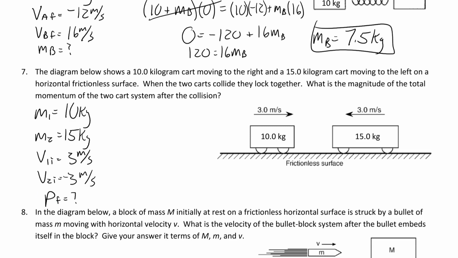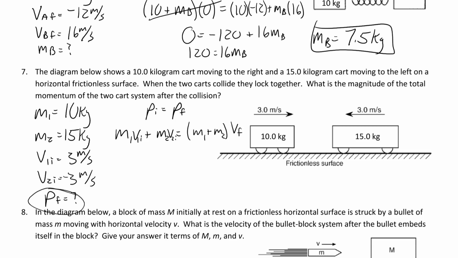All right, and if you look at what the whole idea is, we're saying that the initial momentum is equal to the final momentum. And there's your PF. So that's really what you're solving for. So if you just wrote the equation down, maybe you even solved for the final velocity. But then you'd have to multiply it by the combined masses in order to find what they look for.